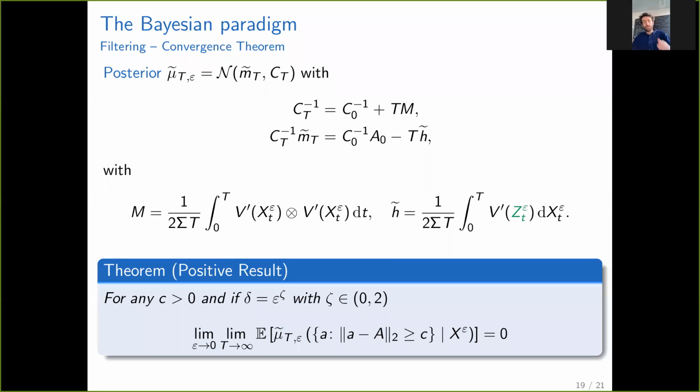Then for any positive radius, the expected measure of the complement of any ball centered on the effective drift coefficient tends to 0. This quantifies better what I've been saying before: our posterior measure shrinks towards the MLE, and the MLE simultaneously goes to the effective drift coefficient.